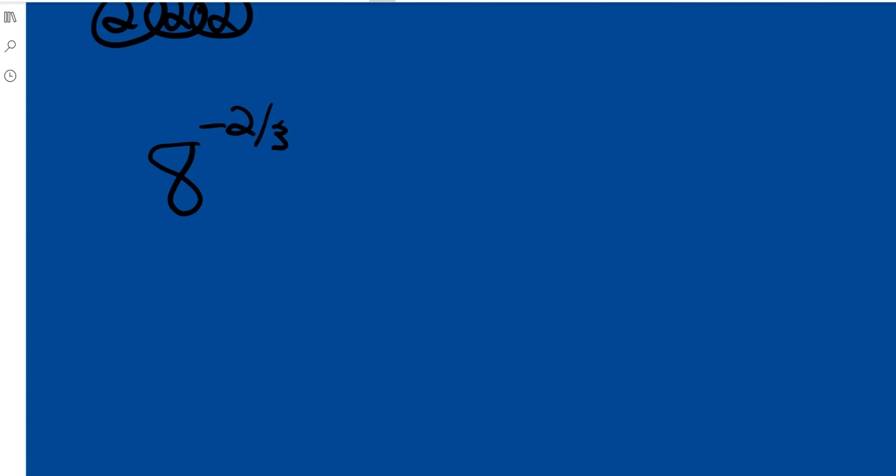Well, now we have a negative exponent, so I can handle it just the way it is, because I'm going to rewrite it with the radical sign to be the third root of 8 raised to the negative 2, like so. And now I'm going to take, what is the third root of 8?